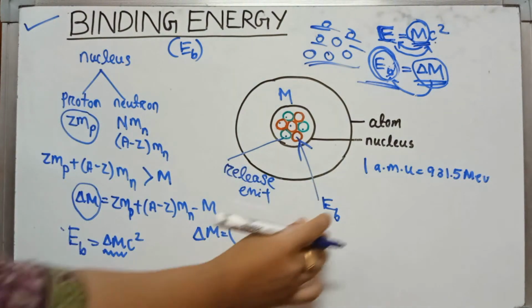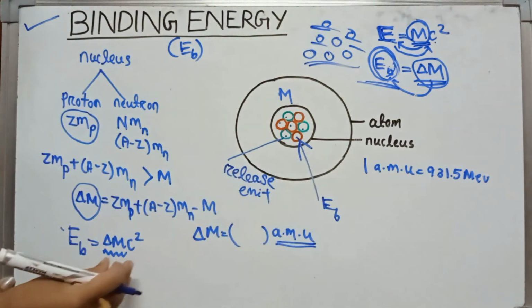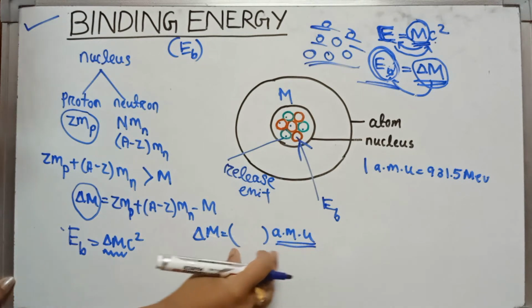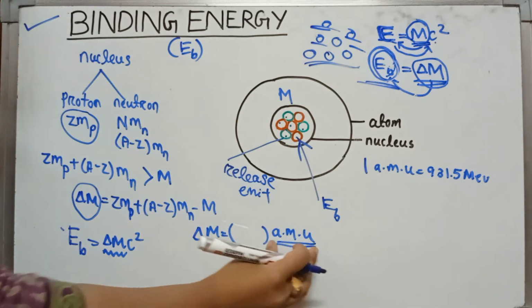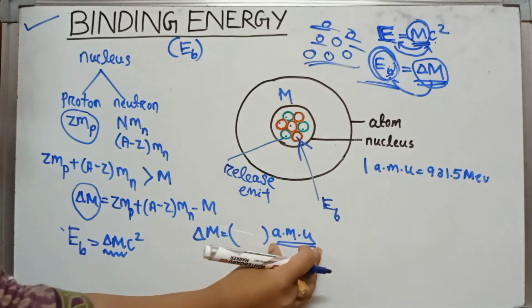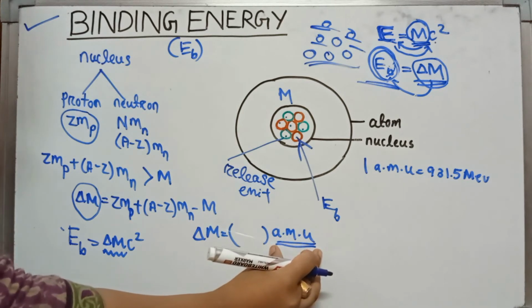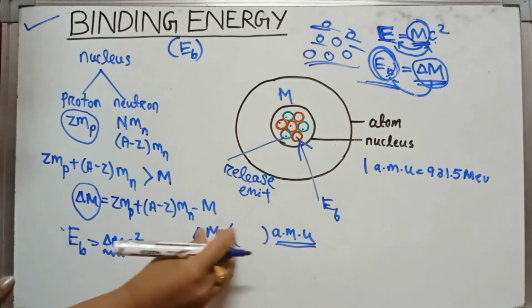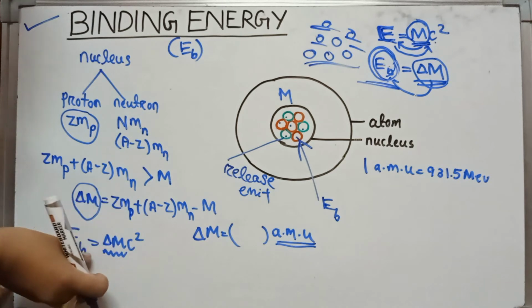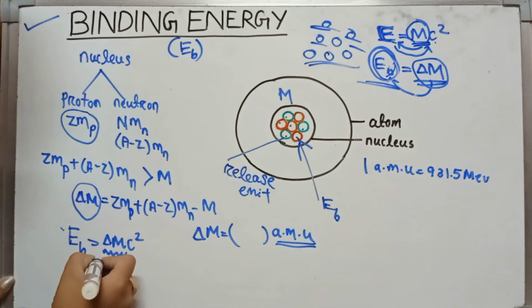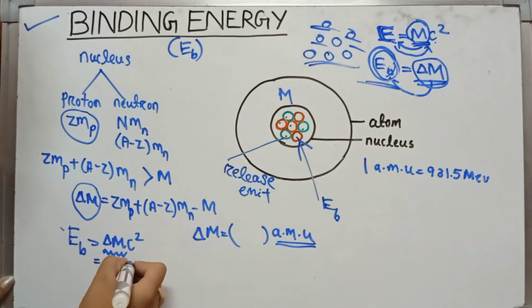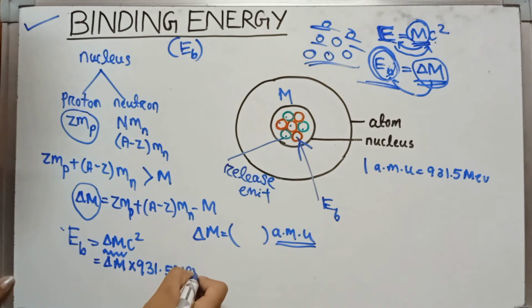So as we convert this mass into energy, we simply multiply the magnitude of the mass defect by 931.5 MeV.